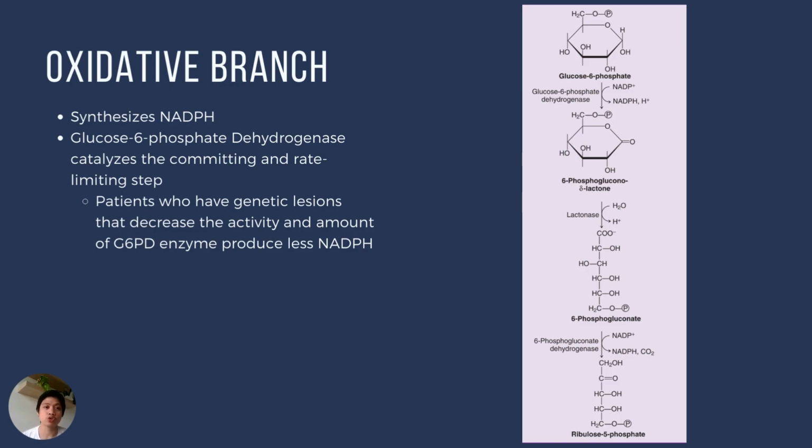Okay? So let's now turn our attention to the image on the right. At the top, that's the structure of glucose 6-phosphate. So you have glucose and a phosphate group attached to carbon number 6.